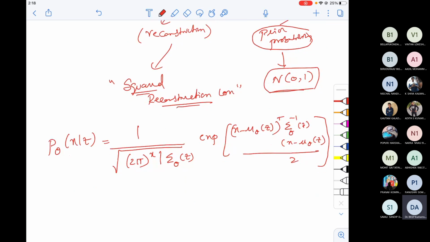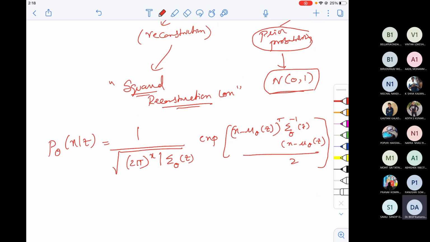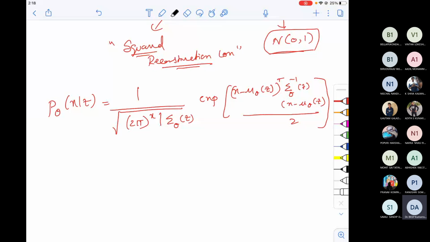Now what I do is I'll apply log on both sides, because I want log of p theta of x given z. So I apply log on both sides of the probability density function in the context of Gaussian distribution. I'm not trying to evaluate everything after log.